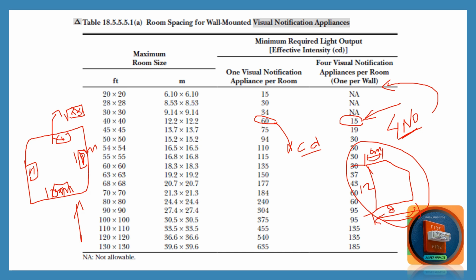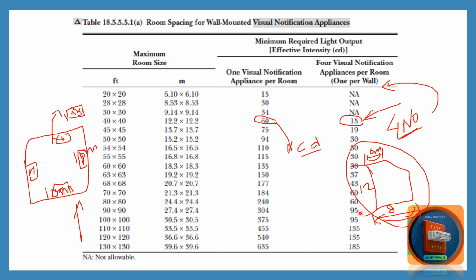So how are you going to consider the strobe for this? Basically, we need to check the maximum dimension. Based on that we need to check here, and then select the strobe. Here for example we have 12 meter, 6 meter, 8 meter, which will be less only.